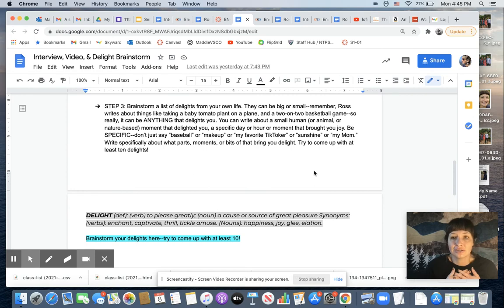The way that my dog trusts me enough that he'll roll over and offer me his belly, even though he's this kind of scary looking pit bull. He's like, I know you're chill, Mom. Here's my belly. Give me a good scratch. That brings me delight. It tickles me. It thrills me. It makes me full of happiness and cheer and glee and joy.